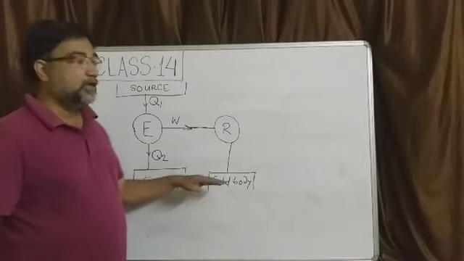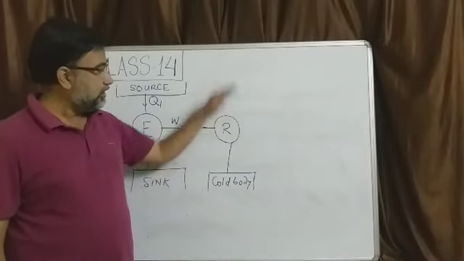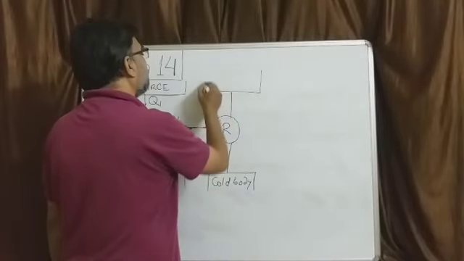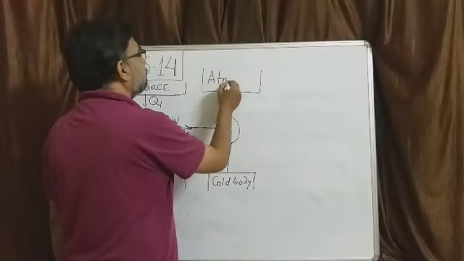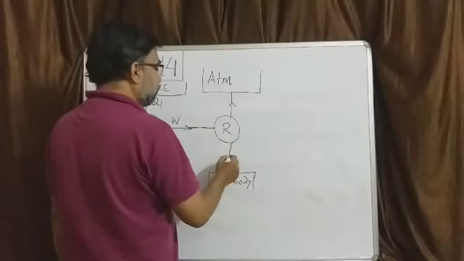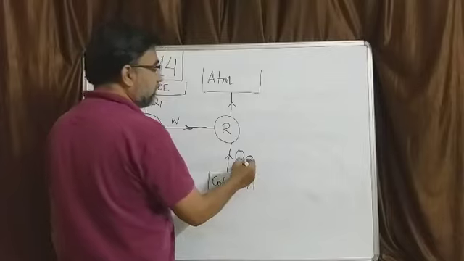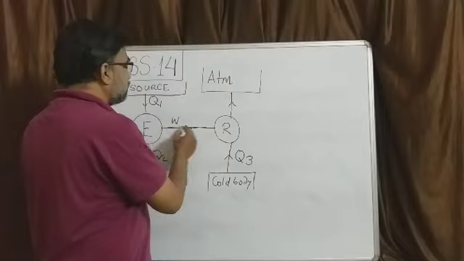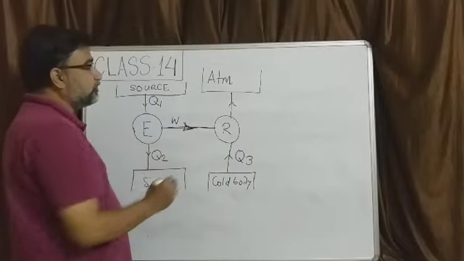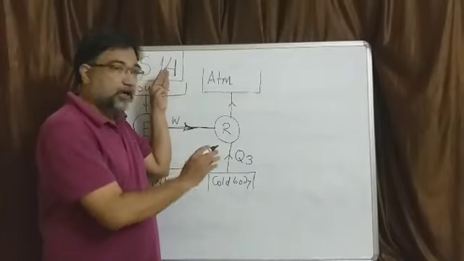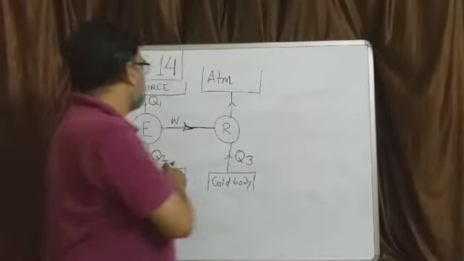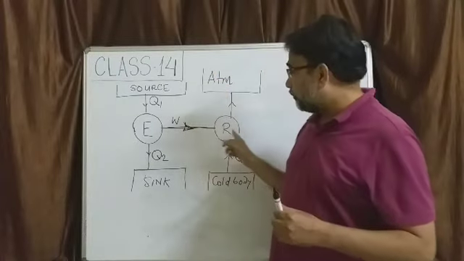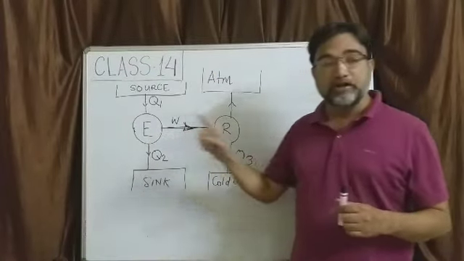The cold body will be at a temperature less than that of the surrounding, that means less than that of the hot body. So the hot body is here, and for a refrigerator, you know, the hot body is the atmosphere. So let us say Q3 is the amount of heat extracted from the cold body, and W is the external work given to the refrigerator. If you visualize the refrigerator separately, then W is the external work. If you visualize the engine separately, then W is the output work. For a refrigerator it is input, for the engine it is the output.